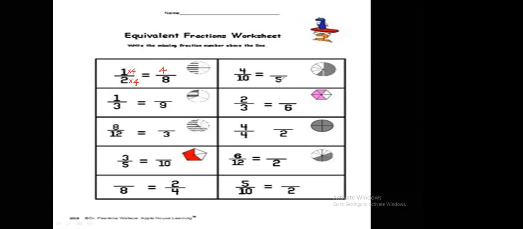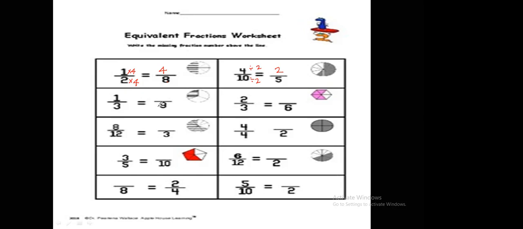Yes. Now you can see here 5. To get the 5 here, we have to divide this 10 by 2, right? If you divide this 10 by 2, definitely you have to divide this 4 also by 2. Then 2 over 5. This is 3 and this is 9. Right?